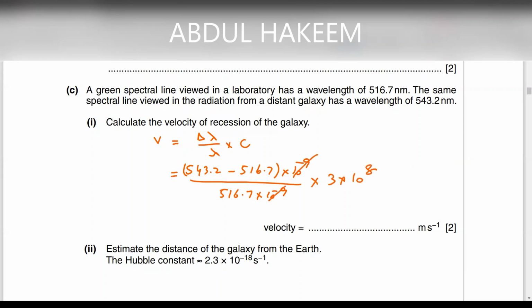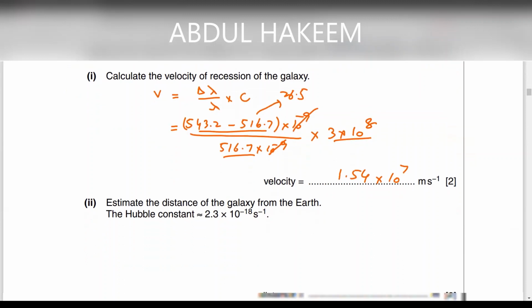When we cancel this, the difference is approximately 26.5. So 26.5 times 3 into 10 power 8 divided by 516.7. The answer is 1.54 into 10 power 7. This is the recessional velocity.